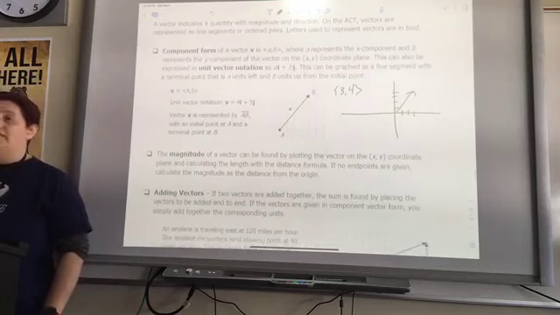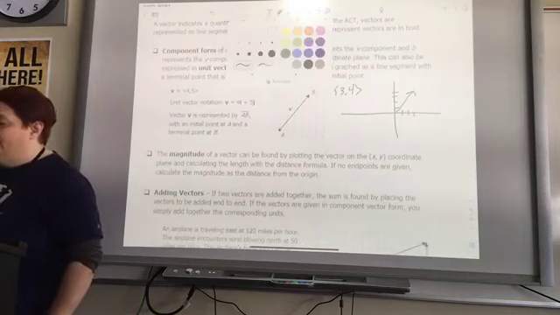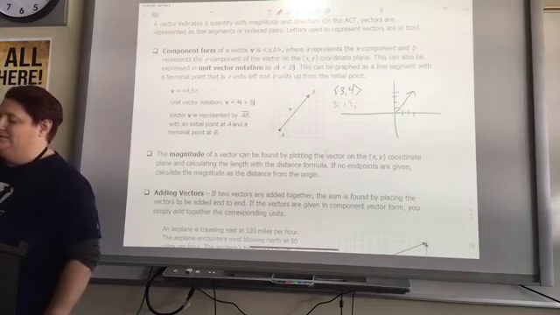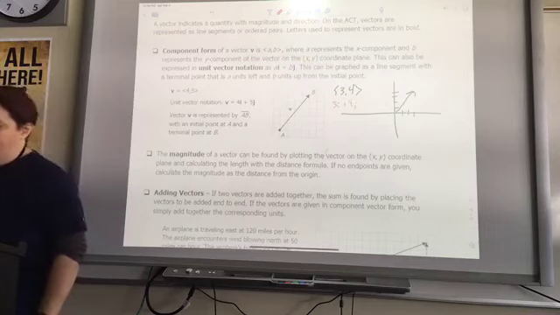That's one way to write that vector with the little brackets. Another way to write that vector is 3i plus 4j. i is the x part and j is the y part.